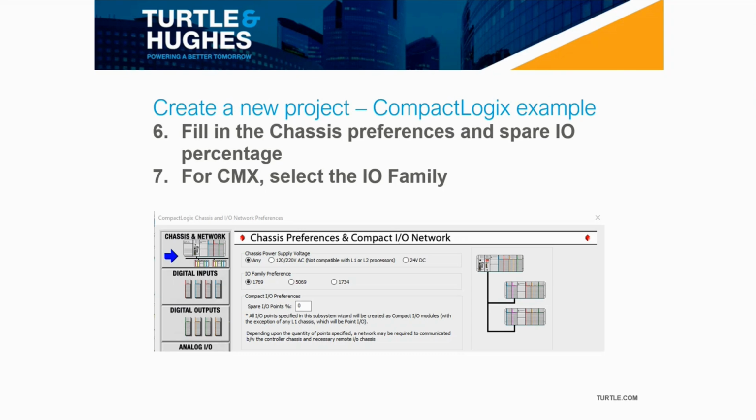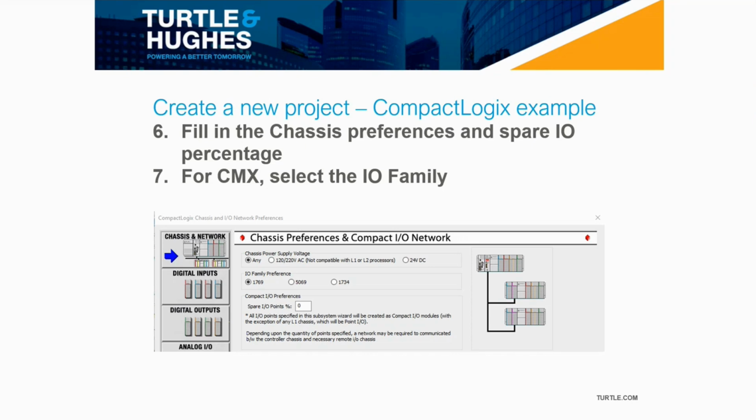What power supply do I want to use? In this case, for CompactLogix, do I want to use 1769 as my I/O format, 5069, the newer 5069, or is it going to be 1734? 1734, typically used for, let's say, an L1 type controller, 1769 or 5069 for those corresponding controllers.